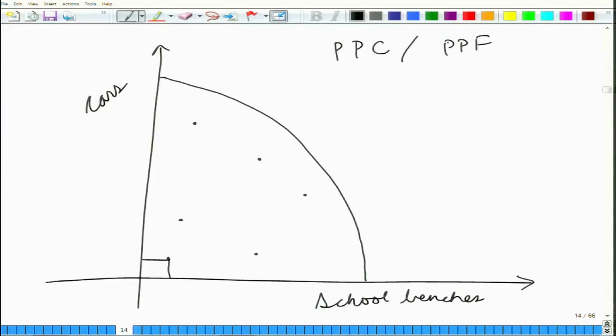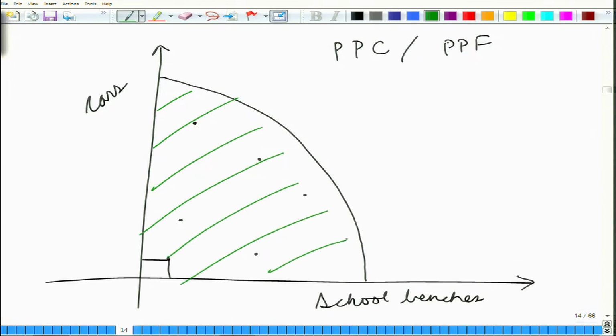That is not the most efficient utilization of your resources, because as economists we would want the fullest utilization of resources. So anything that falls in this green area is something that you can choose. Anything that falls on this curve, this yellow line, is the most efficient way of utilizing your resources, but then you will have to make a choice between what you want.